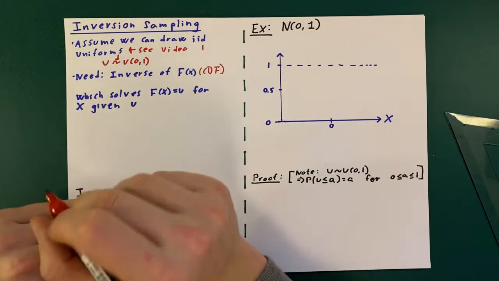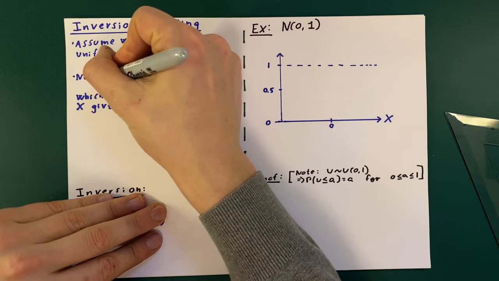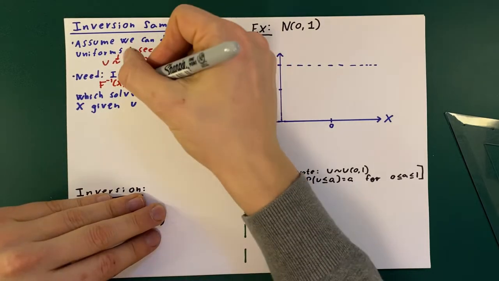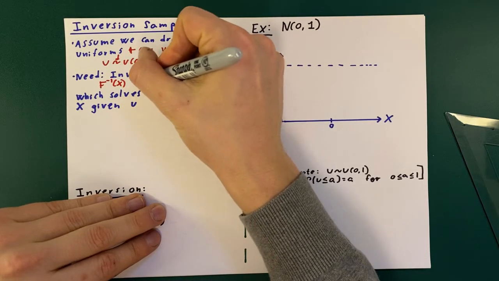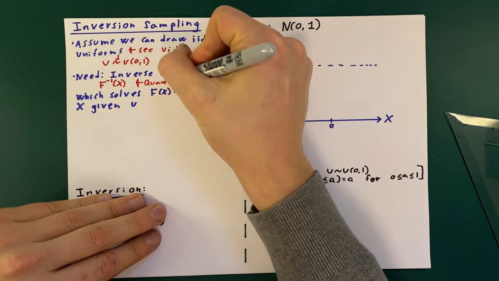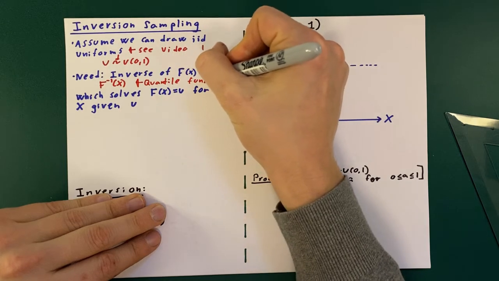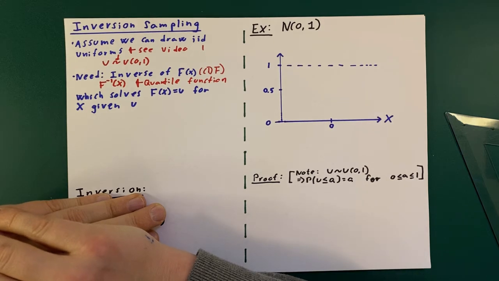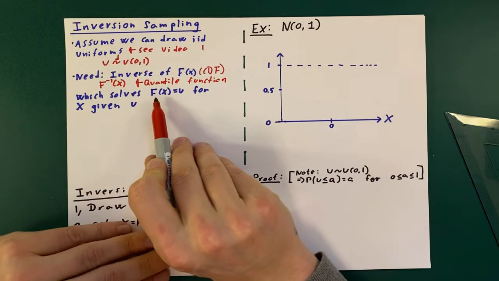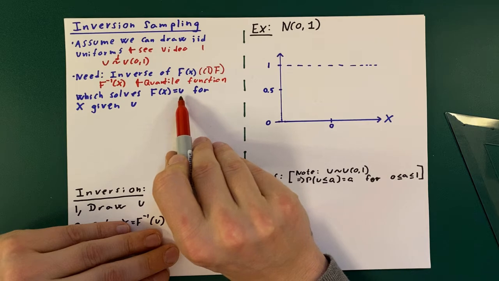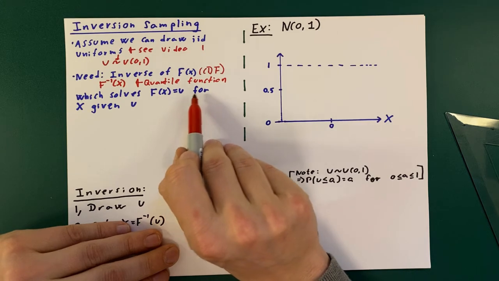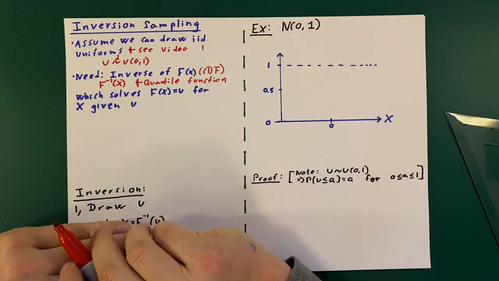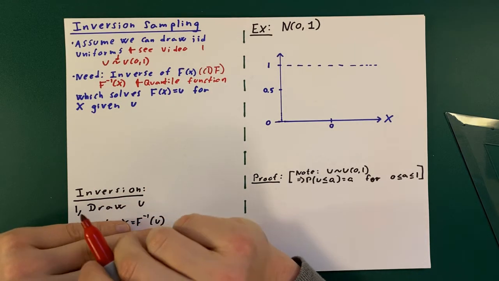The inverse of it we'll write as F to the minus 1 of x, and we'll also call this the quantile function, because that's what it is. What that does is, if we set F of x equal to u, some u between 0 and 1, then we can solve for x given u. I'll show an example of this in a few moments.